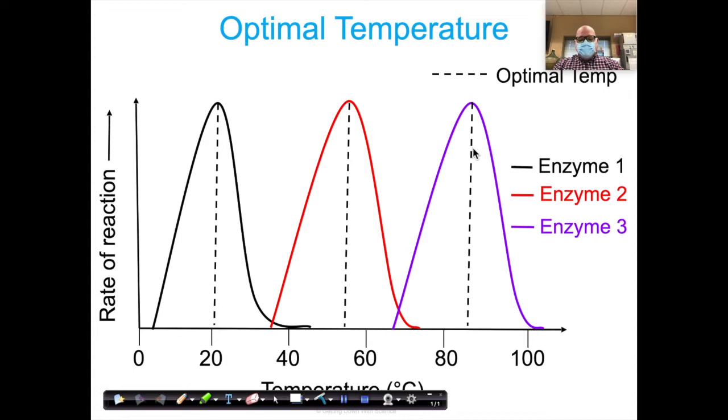Now you can kind of see here that the enzyme will still work as we get out of the Goldilocks spot, the optimal spot, which is the technical term there. But as you get farther away from that spot, the enzyme's efficiency breaks down, and then it reaches a point where it doesn't function at all.